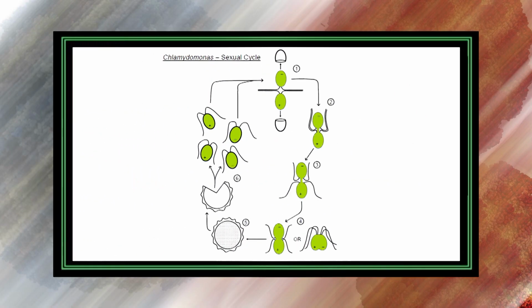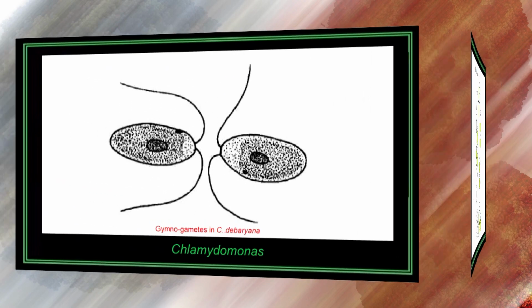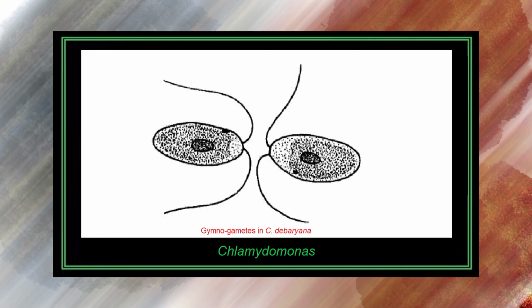Sexual reproduction involves isogamy, anisogamy, or oogamy. There can be homothallism, that is, both the types of gametes are produced by the same cell, as seen in Chlamydomonas monoica and Chlamydomonas media.